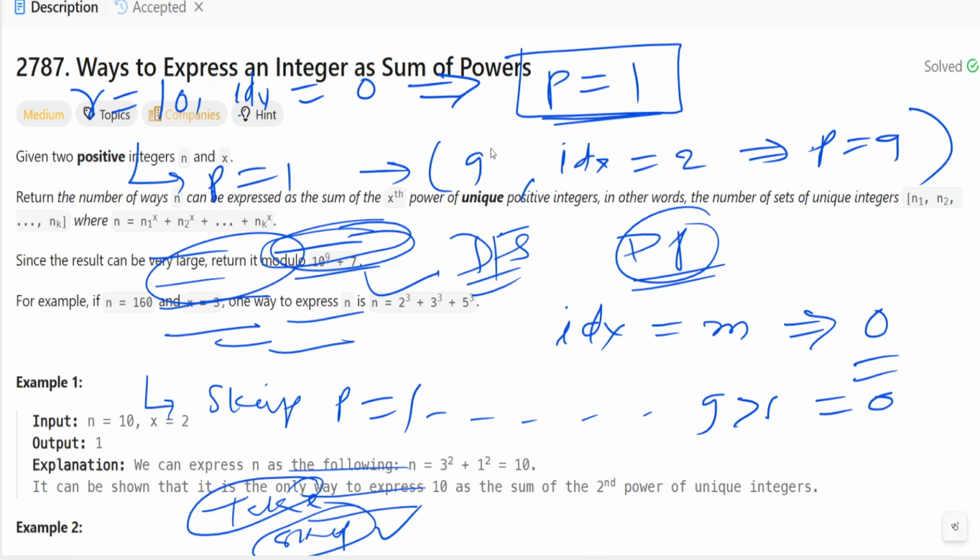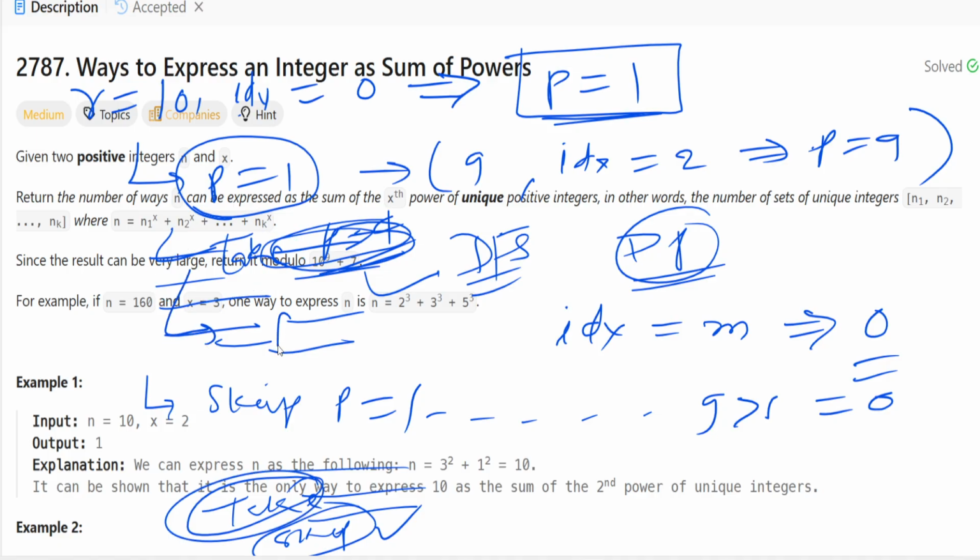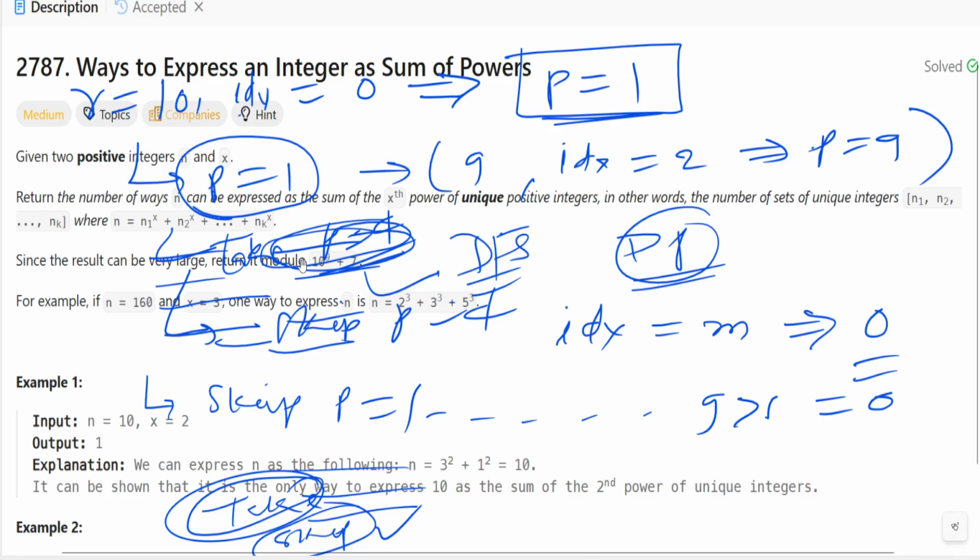So there are always two chances, either we'll take it or we'll skip it. When we are taking p equal to 1, let's suppose some value p equal to 4 we can take it. Let's suppose p equal to 4 we have already taken, so we skip p equal to 4. Similarly, there are many possibilities that we can see, and we can work on that.